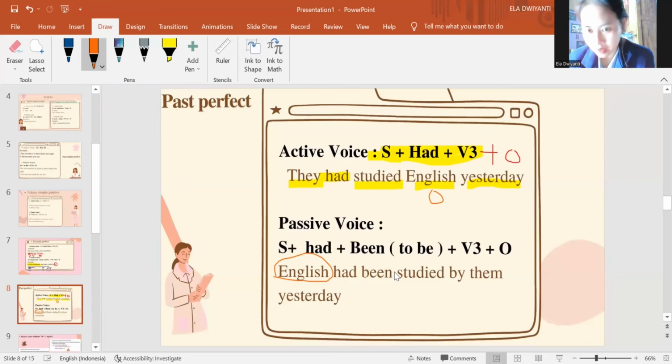Had been studied: studied is verb 3, followed by "by" and then the agent. In the passive voice "them" is the object, but in the active voice "they" is the subject. The subject becomes the object.